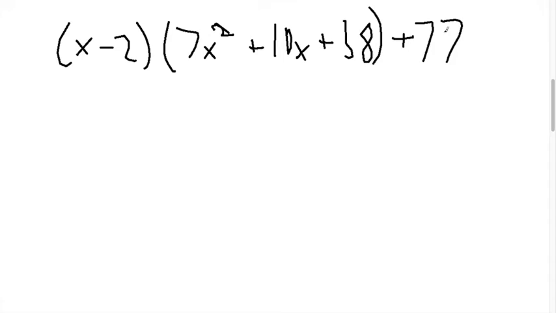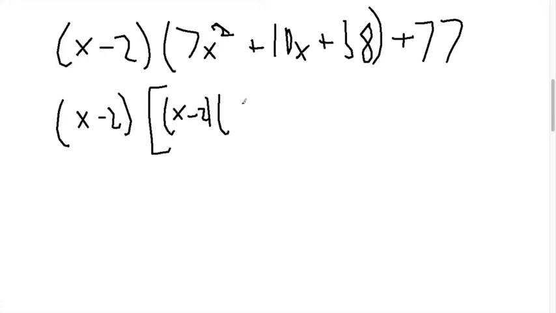But after we expanded it once more, we now have x minus 2 times x minus 2 times 7x plus 30 plus 98, all plus 77.